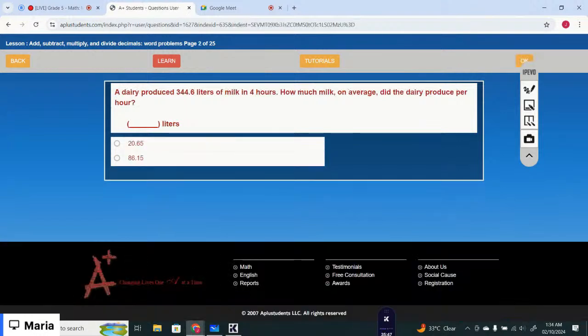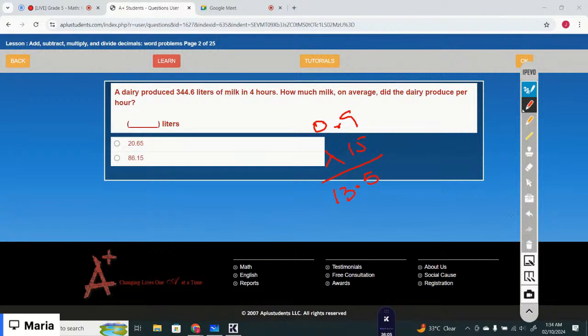A dairy produced 344.6 liters of milk in 4 hours. How much milk on average did the dairy produce per hour? You have to calculate the milk they produce per hour, right? They produce 344.6 in 4 hours, so divide it by 4 and you will have the milk they produce in 1 hour.